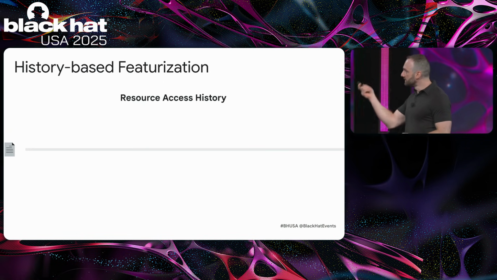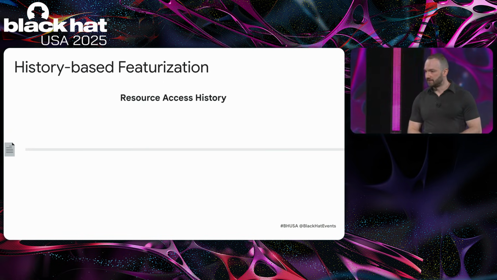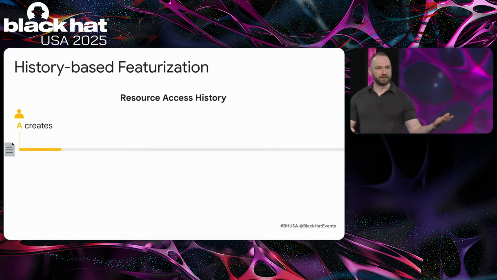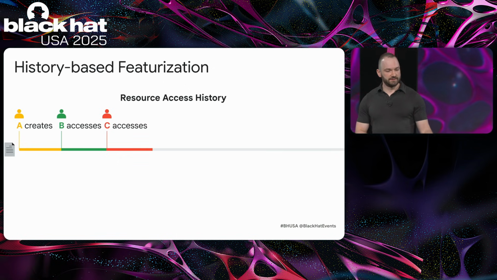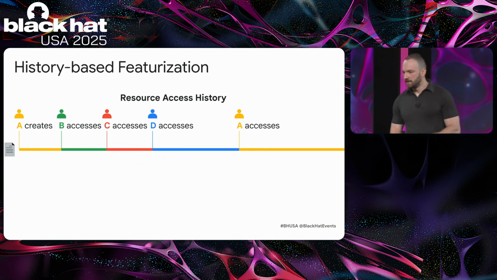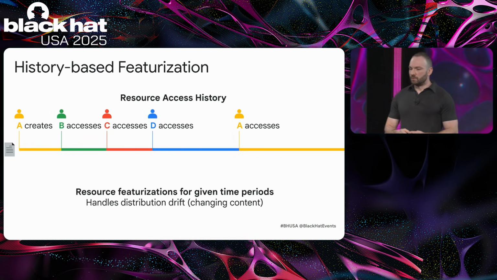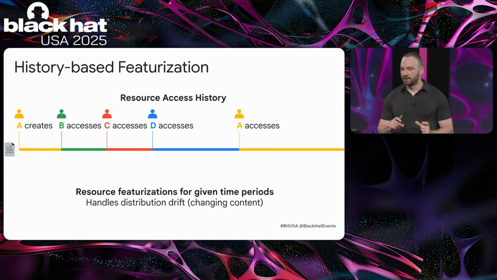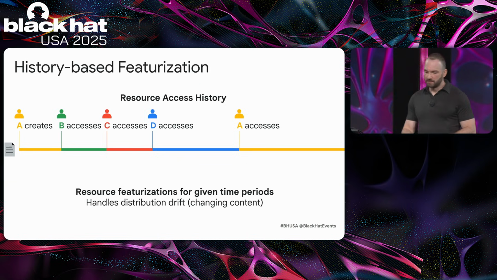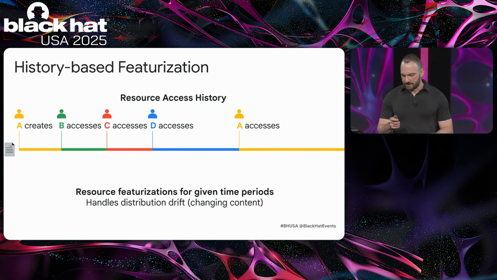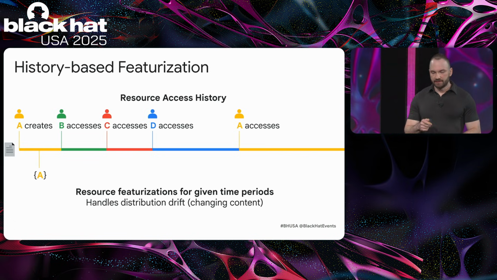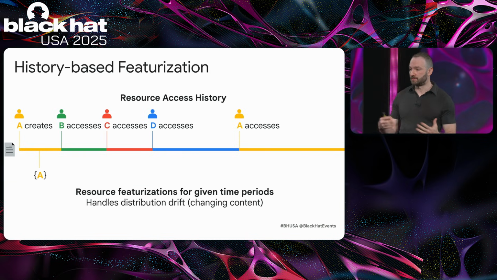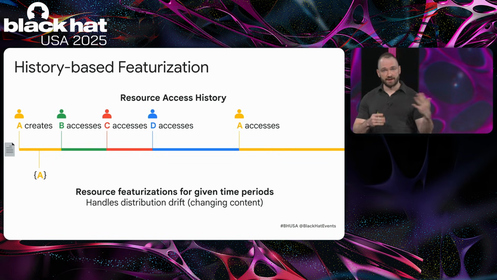Now I'll give an example of this. Here you have a document. Let's say we're looking at document resources, and you have its access history from the logs. The document is first created by user A, then accessed by B, C, D, and A again. What Facade does is compute the feature of the document in given time periods between accesses. For every given time period, the featurization of the document is just the bag of words that corresponds to the previous set of users who have accessed the document.